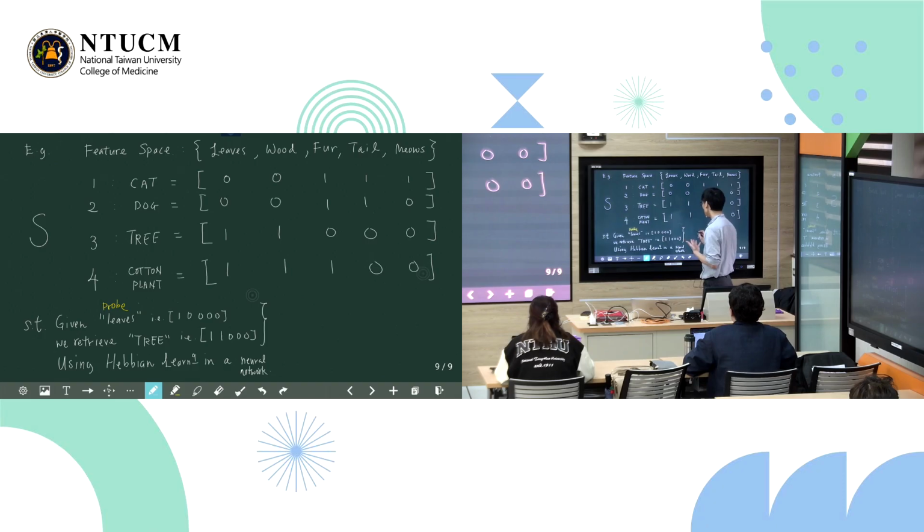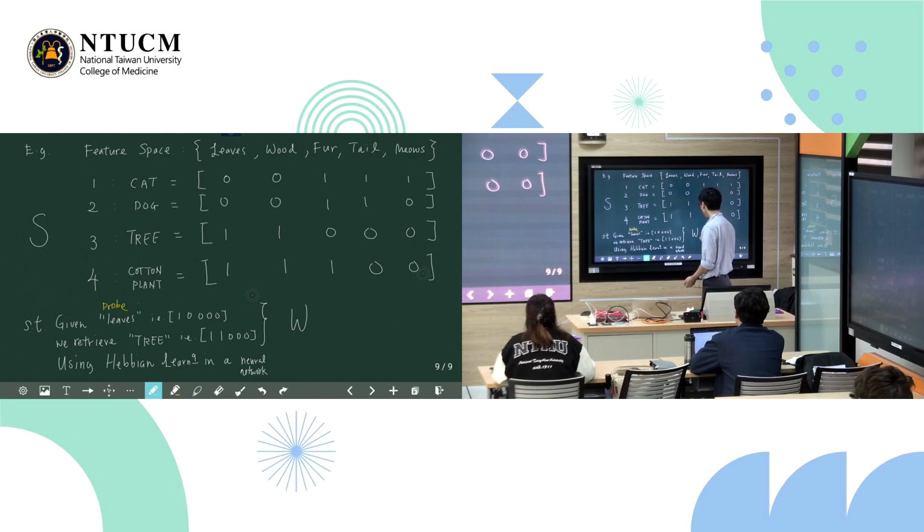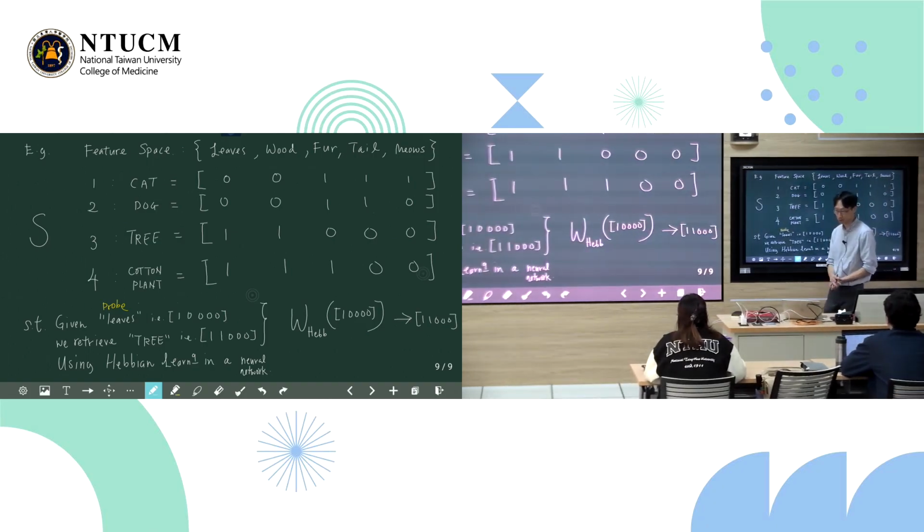So essentially, we have a Hebbian learning function. Let me write it in a more correct way. I have a neural network. It learned things by Hebbian learning, and I give it 1, 0, 0, 0, 0. It will give me 1, 1, 0, 0, 0. This is the formal statement of what we are trying to achieve.